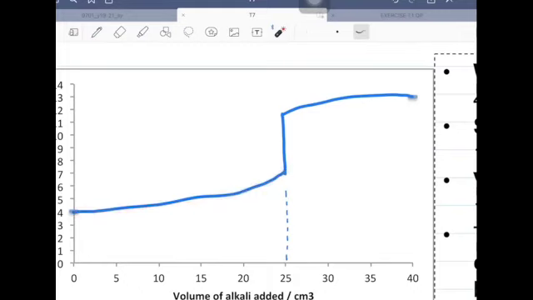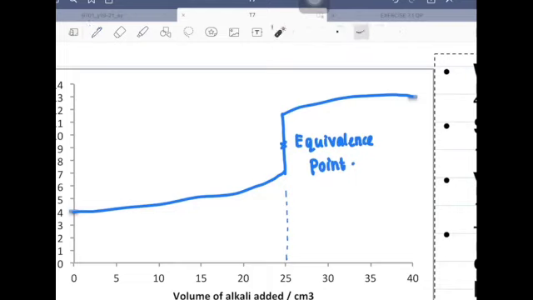Okay, your endpoint in this case would be between 7 and 11, so that would be around 9. Okay, so your equivalence point is here. Notice that the equivalence point will be different in each type of reaction depending on the strength of the acid and bases that you use.